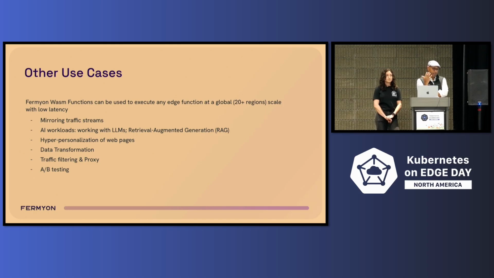Data transformation also falls into that bucket. Normalize or filter streams before they ever touch your core systems. Think of an IoT use case there. And traffic filtering and proxying, even A/B testing, classic edge compute use cases also fit well into the way we see this being deployed. All of these benefit from the same principle: bring the logic to the user, not the other way around.